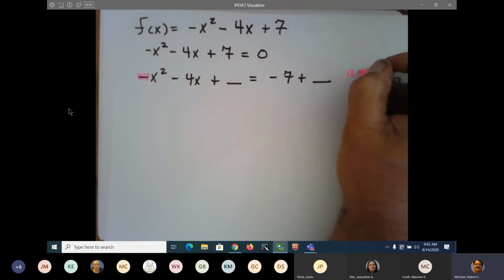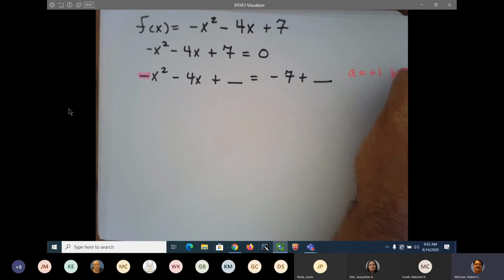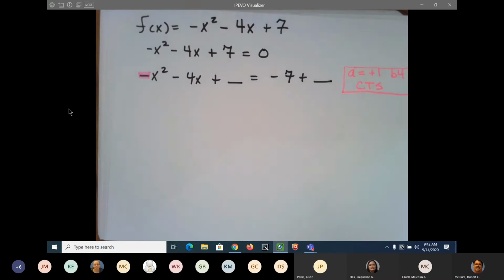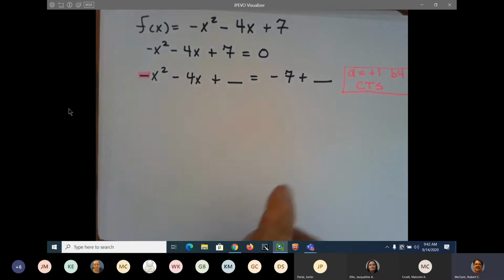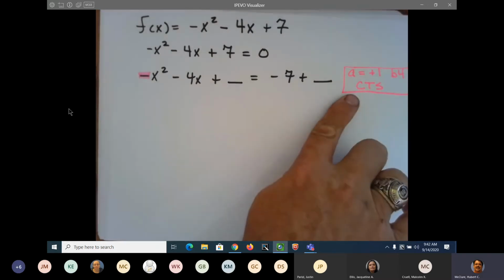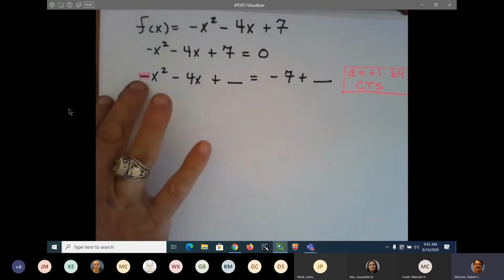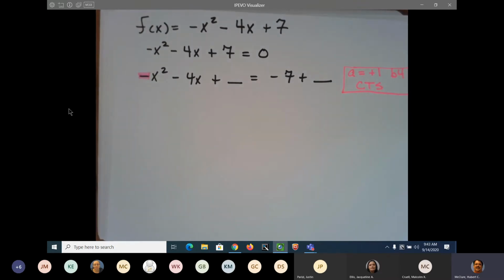A has to be equal to positive 1 before you can complete the square. And you need to put that to memory because that's what's going to get you on a test. You're going to try to complete the square when you have a negative right here, and that doesn't work.